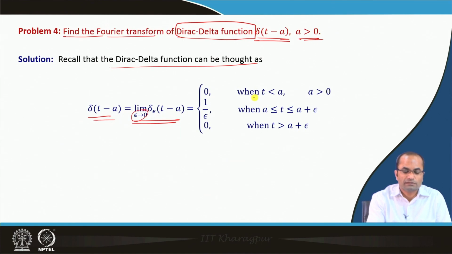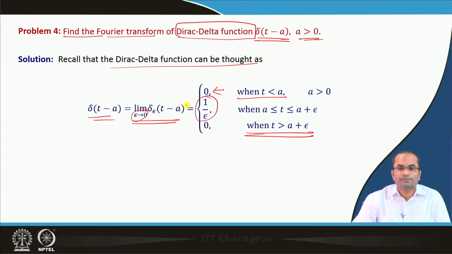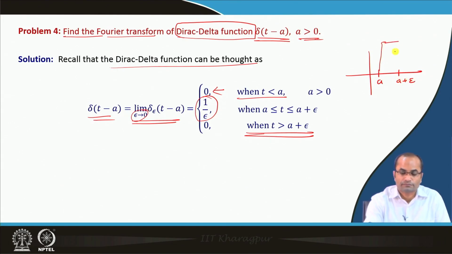That means, if we consider that when t is less than a, the value is 0, and t greater than a + epsilon, it is again 0, and in between it takes the value 1 over epsilon. So, in the region from a to a + epsilon, the value is 1 over epsilon.